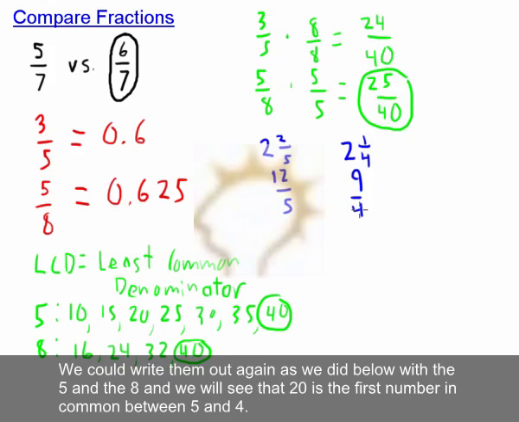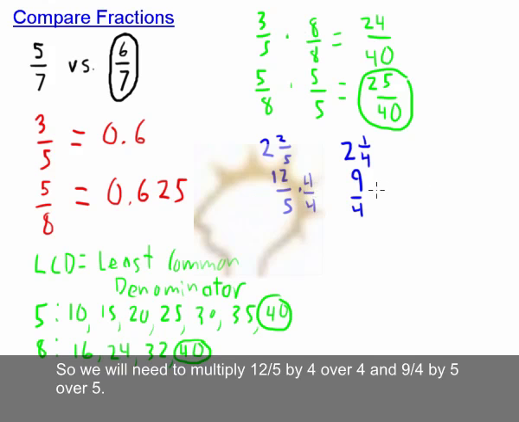We could write them out again, as we did below, with the 5 and 8, and we will see that 20 is the first number in common between 5 and 4. So we will need to multiply 12/5 by 4 over 4, and 9/4 by 5 over 5.